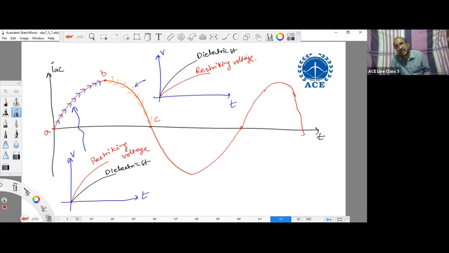So if you quench the arc during this interval, the arc will be quenched. So is A to B preferred or B to C preferred? B to C is preferred because the dielectric strength of insulation is more than the restriking voltage.